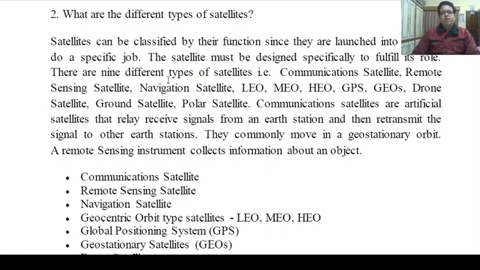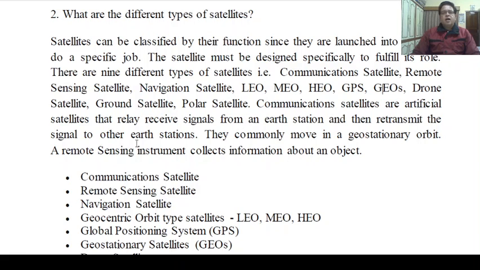There are 9 different types of satellites: communications satellites, remote sensing satellites, navigation satellites, LEO (low Earth orbit), MEO (medium Earth orbit), HEO, GPS (global positioning system), and geostationary satellites, drone satellites, ground satellites, and polar satellites.